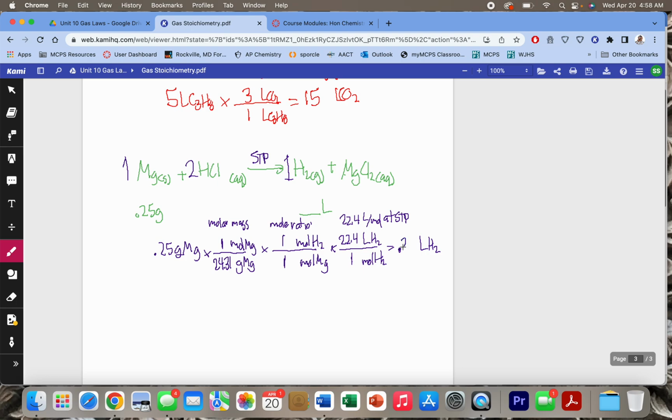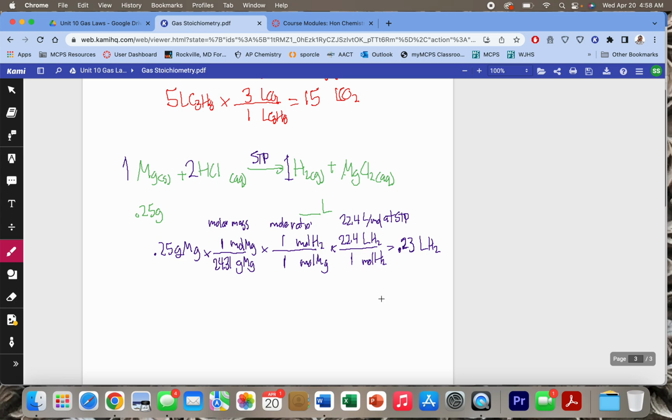Okay? So about 230 milliliters of hydrogen gas would come from a quarter of a gram of Mg at STP. Okay? Because it's not that many moles, it doesn't make that many liters.